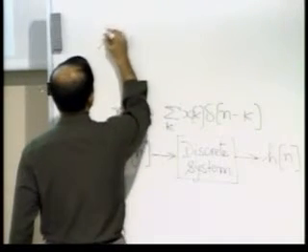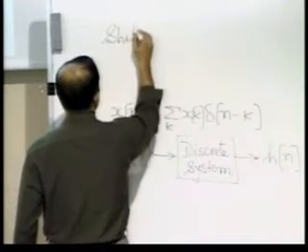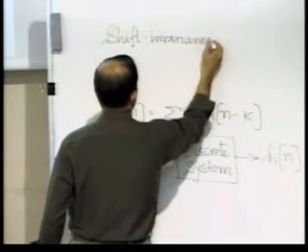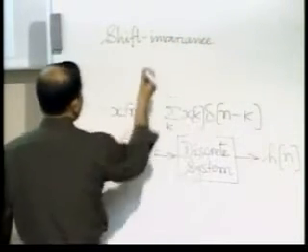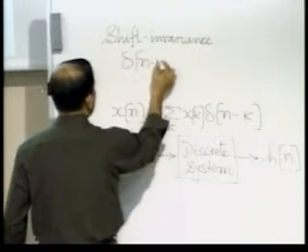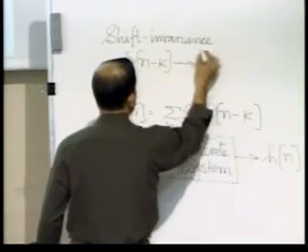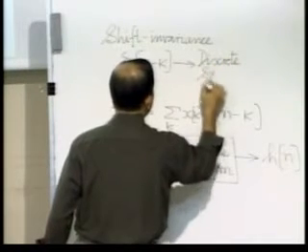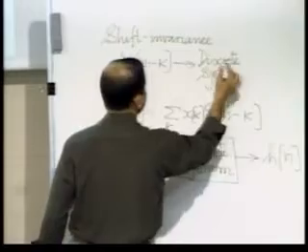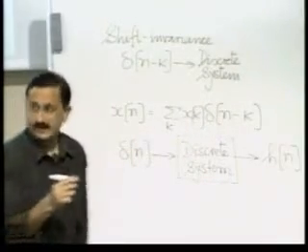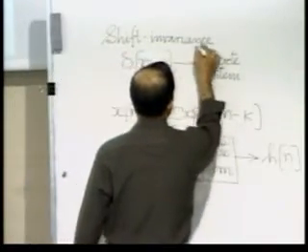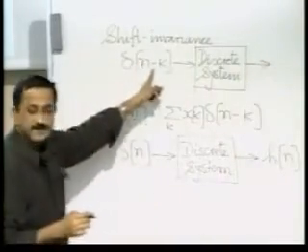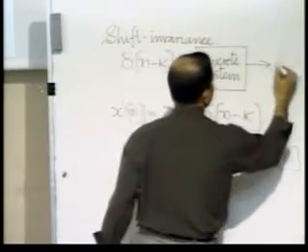So, shift invariance tells us that if delta[n minus k] is applied to the system, well, I should really avoid saying discrete time system actually, because this applies to any discrete system, where the independent variables are discrete. The output shall also be shifted by the same k. So it would give you h[n minus k].